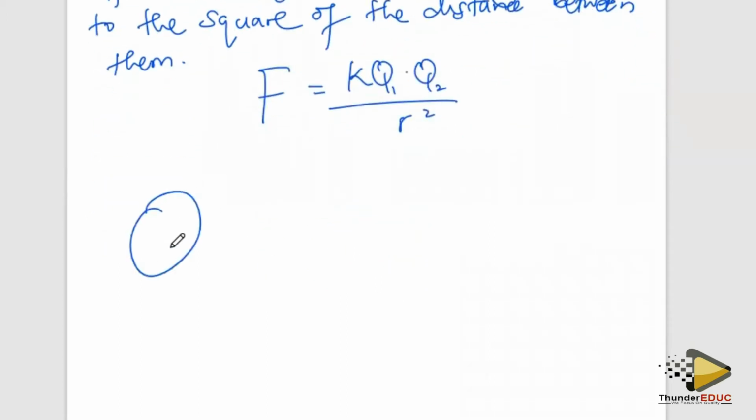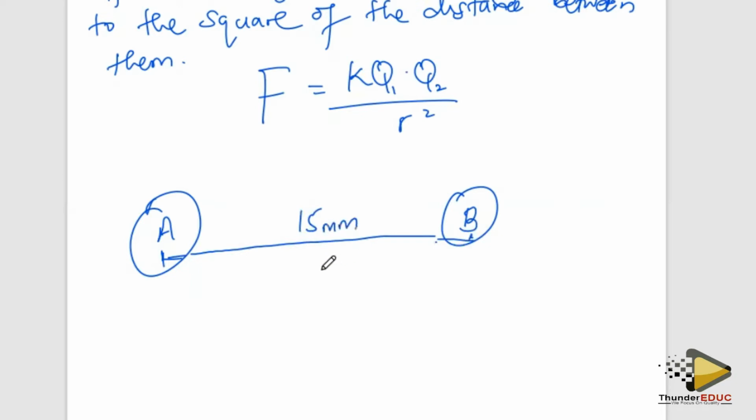We have sphere number 1, I'll call it A, and sphere number 2, I'll name it B. Let's say the distance between the centers is 15 millimeters.